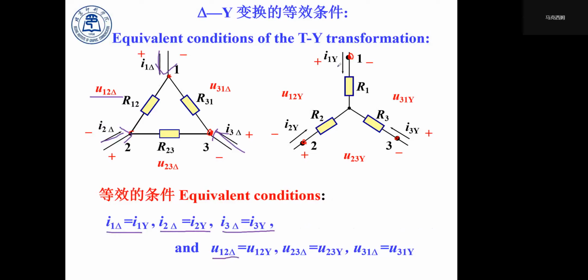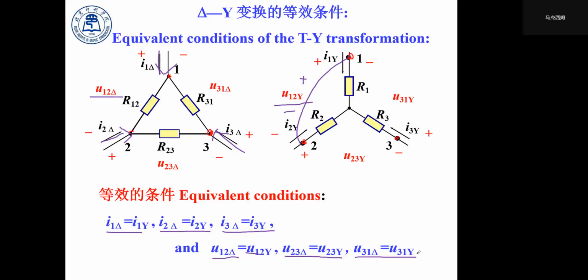The other one is U12Y. This is the voltage between point 1 and point 2. So U23 delta equals U23Y, and U31 delta equals U31Y. This is the equivalent condition.